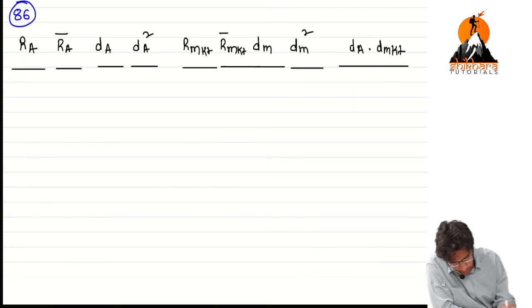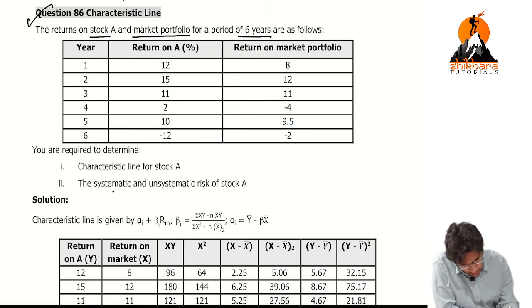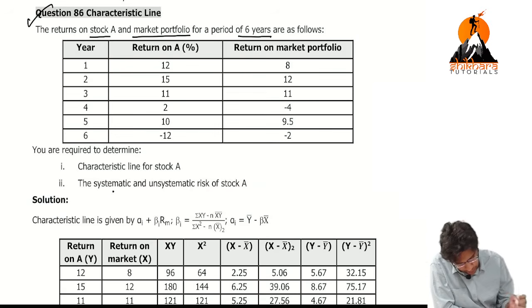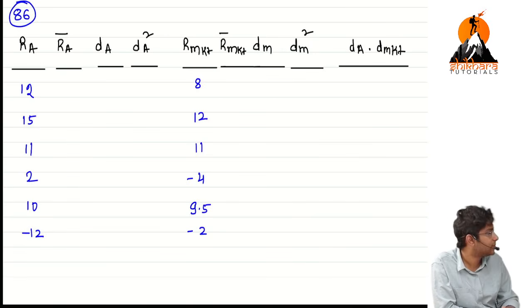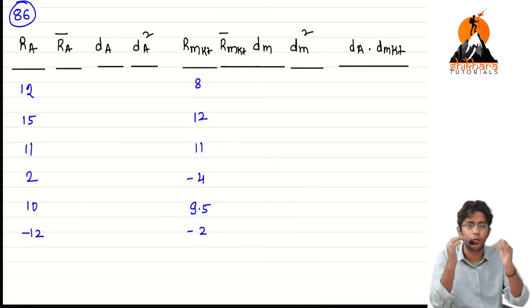12, 15, 11, 2, 10 minus 12, 8 plus 12, 11 minus 4. Now that this is past data, please total this up.